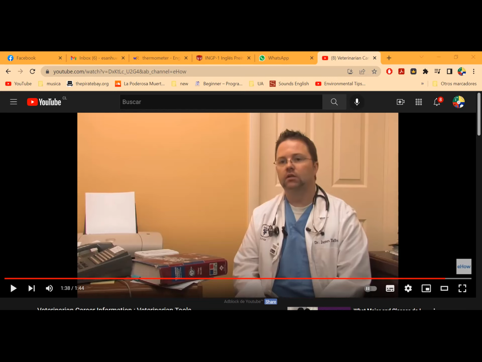The tools that you use to perform surgery, cirugía. So the surgical tools are used to perform surgery. And he mentions two, Joseph. What surgical tools does he mention?